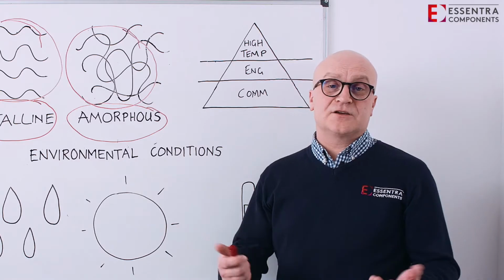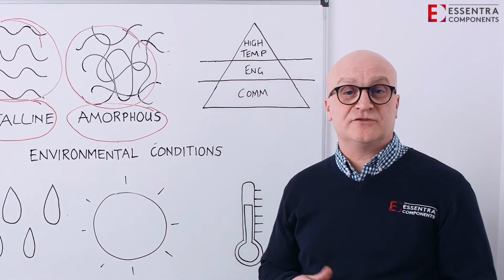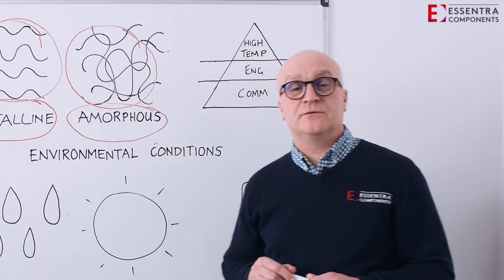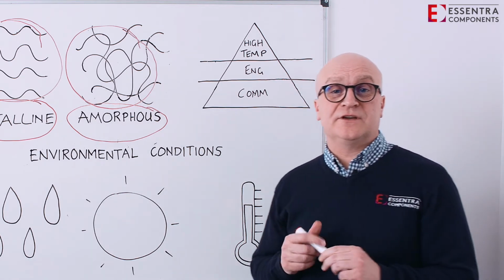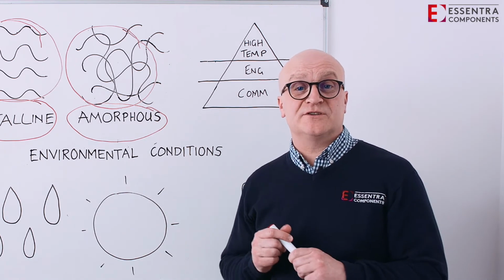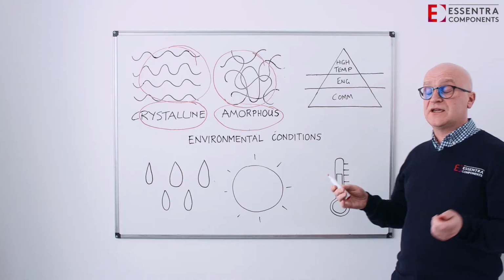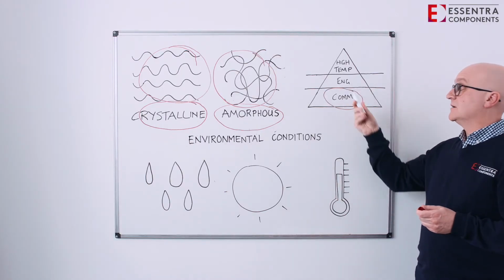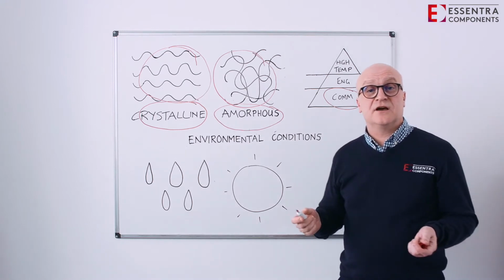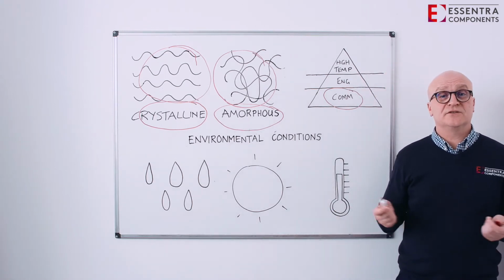So we've talked a little bit about the molecular structure and how important it is, but also generally the majority of injection moulding polymers are categorised into three simple categories. The first one being commodities materials. These materials are the most common, widely used and available.